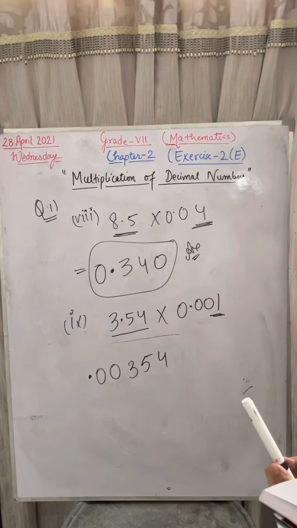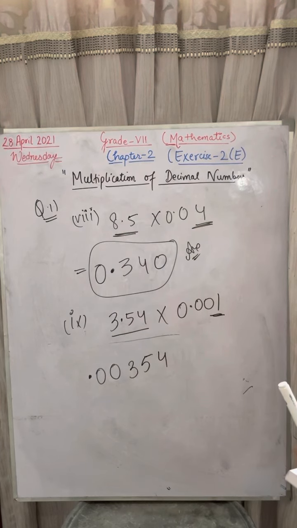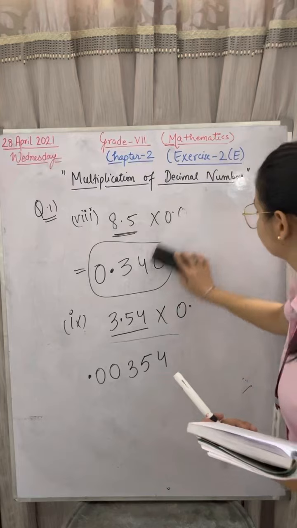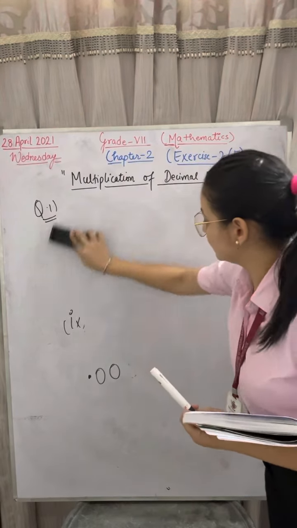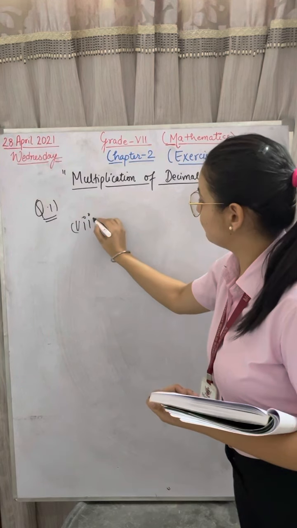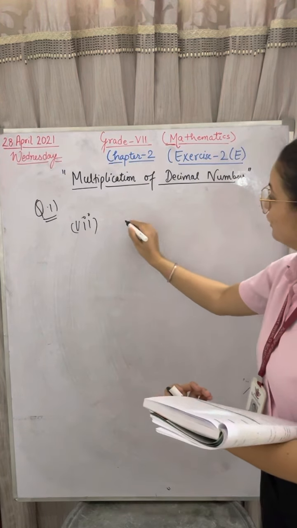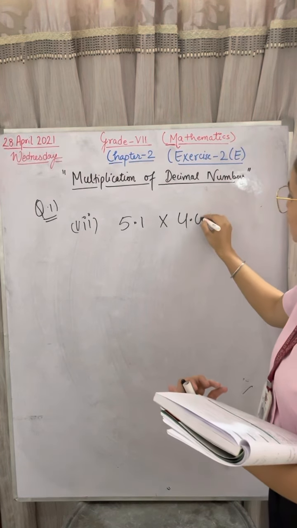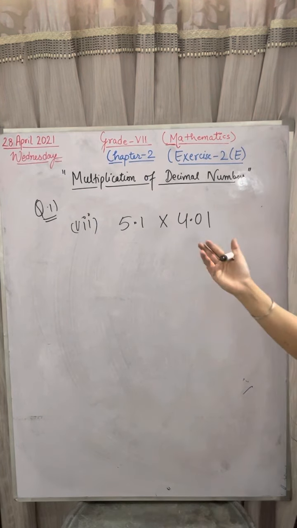Alright. Now, the 7th part. The rest of the parts I'm giving you for homework. The 7th part is the last part: 5.1 multiplied by 4.01. Now pick up the numbers.